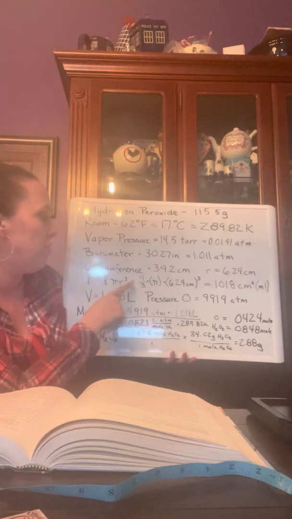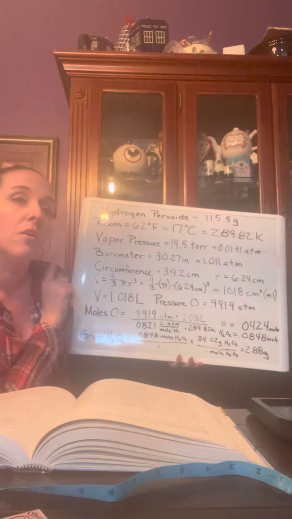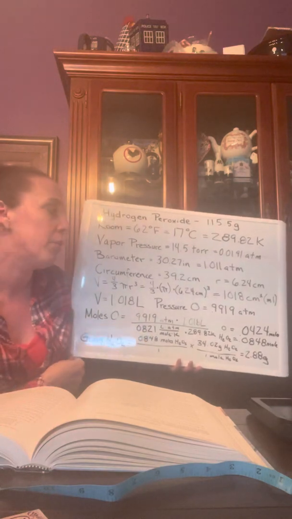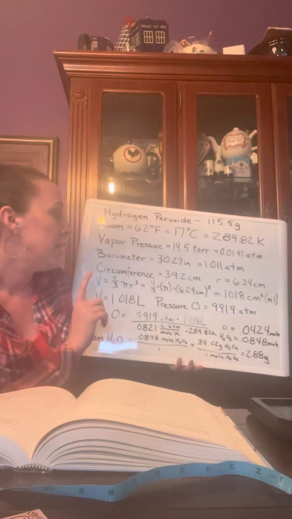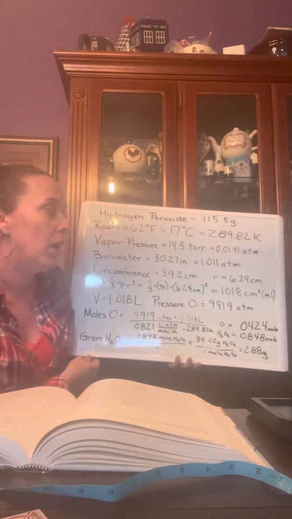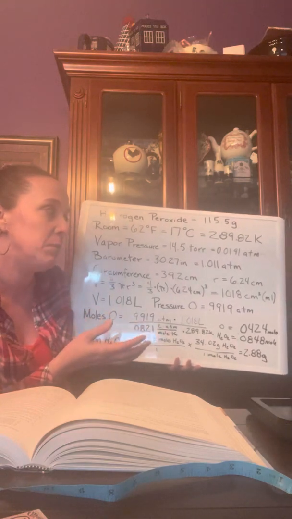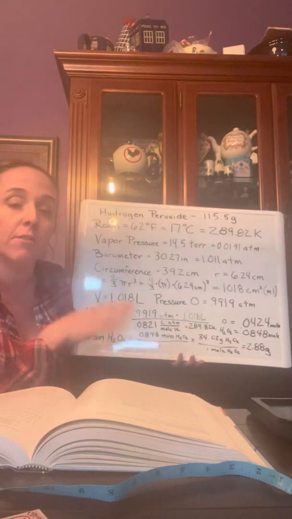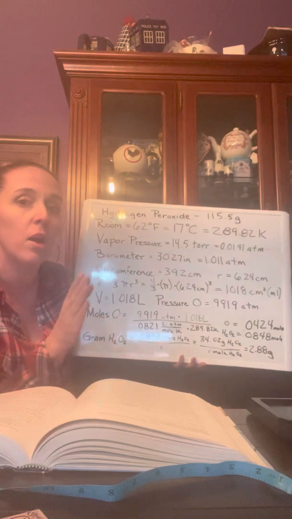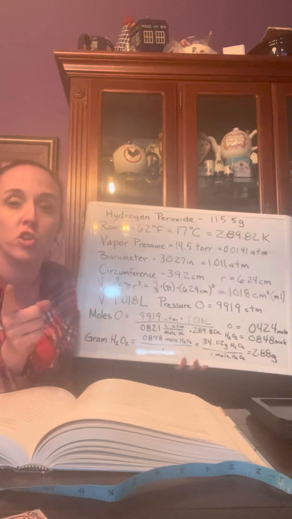So volume, I'm sure you guys are familiar with volumes of spheres, but it's 4/3 times pi r cubed. So I wrote it all out. That gives me a volume of 1,018 centimeters cubed, which converts to milliliters. Remember, our centimeters and milliliters are designed to let you have direct conversion.